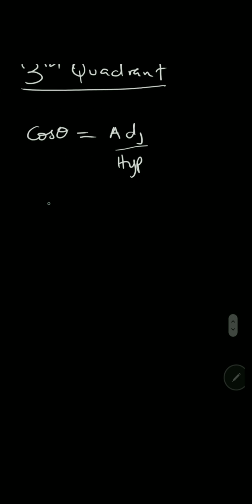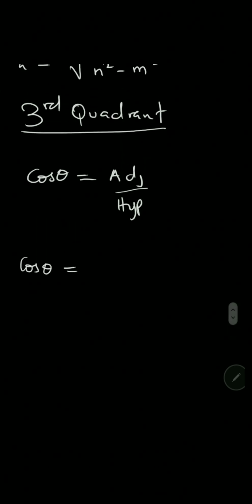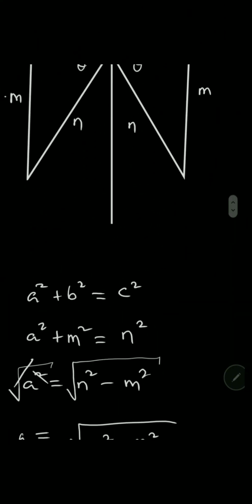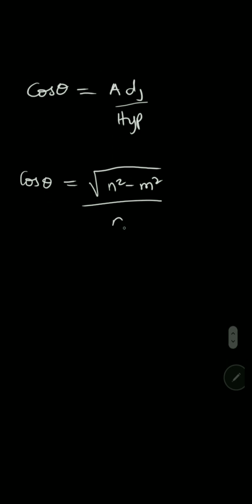So we make a substitution there, hence cos theta is equal to the square root of n squared minus m squared, then over the hypotenuse, which is n, sorry. Then now let's find tan. So tan theta, which is known to be the opposite over the adjacent.